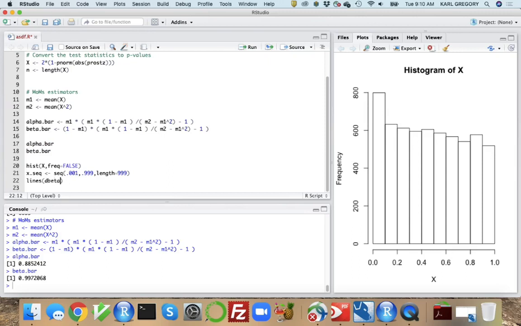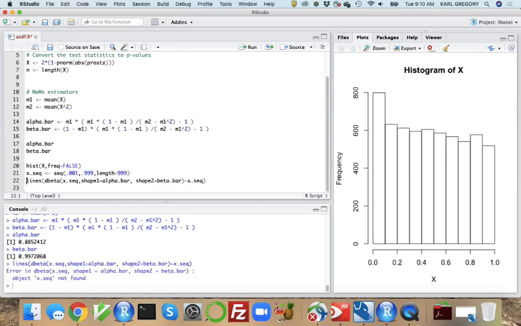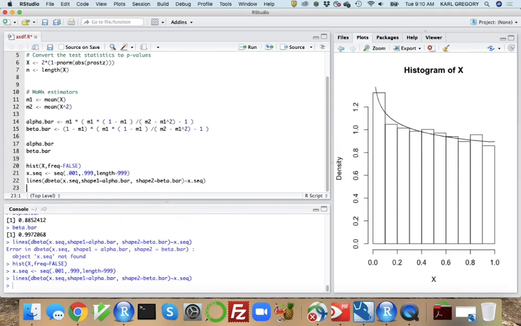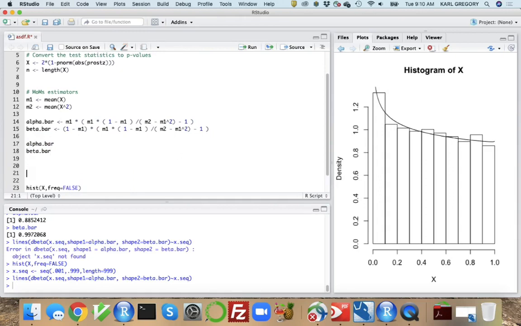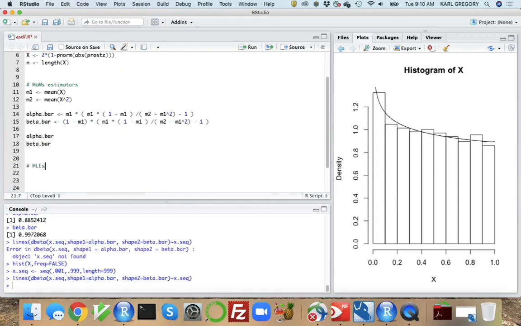So I'm going to do dbeta at the x sequence, shape 1 equals alpha bar and shape 2 equals beta bar, against the x sequence. Okay, here's our picture. This curve is the PDF of the beta distribution under the method of moments estimators for alpha and beta.